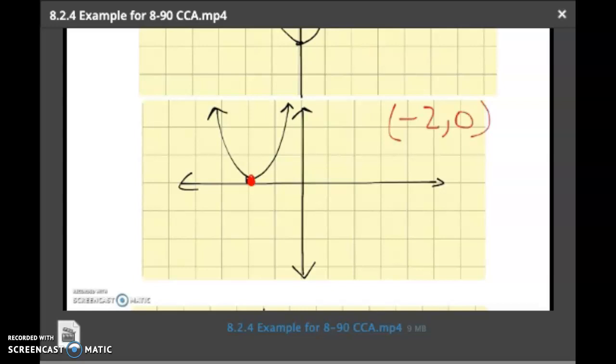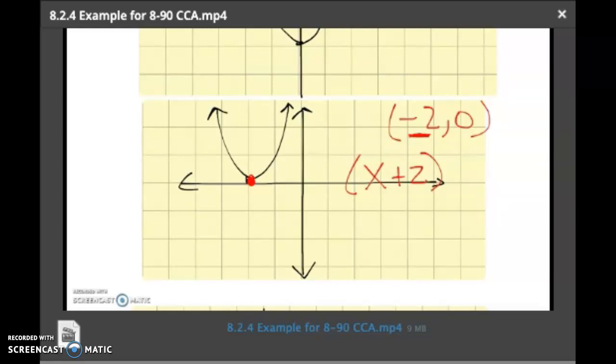Okay, but I'm noticing that it's a parabola. So I know that that makes it a quadratic equation because it's going to have an x squared term. So that tells me that one of my factors has to be x plus 2, because if I were to take x plus 2 and set it equal to 0 and solve for x, I would get this -2.